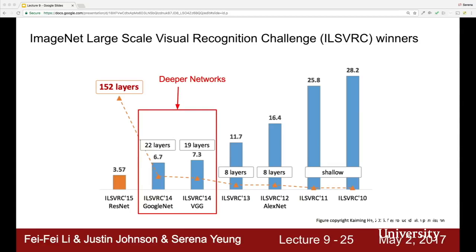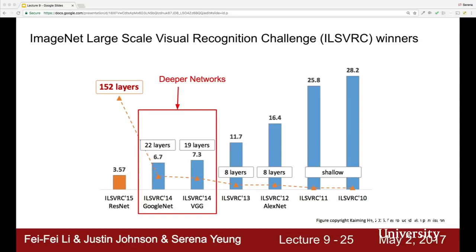From the 8-layer network in 2012 and 2013, now in 2014 we had two very close winners at around 19 layers and 22 layers, so significantly deeper. The winner was GoogleNet from Google, but very close behind was something called VGGNet from Oxford. On the localization challenge, VGG actually got first place in some of the other tracks.